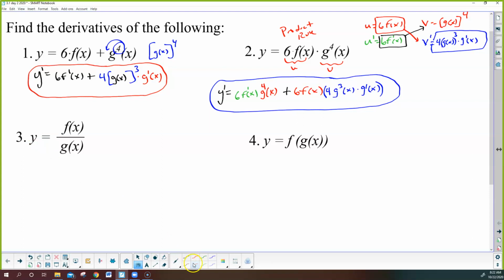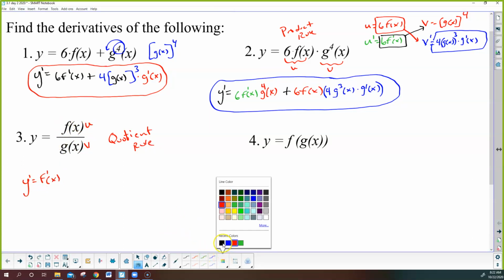And then number 3, this is just the quotient rule. We've got a function u divided by a function v. And I'm hoping on this one, you don't need to show your work. Because what do we do? We take the derivative of the first. Well, the derivative of the first is just f prime times the original second.